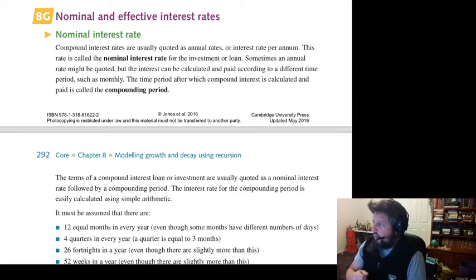So the interest can be calculated monthly, for example. The time period after which compounding interest is calculated and paid is called the compounding period.